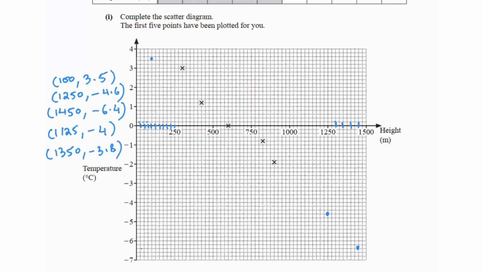And 1125 and negative 4. 1125 is between 1100 and 1150.